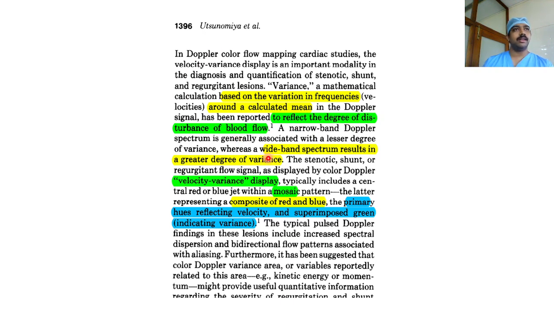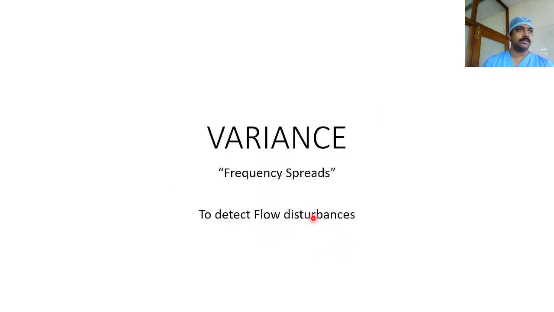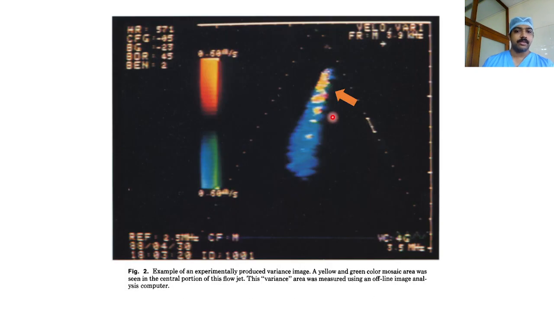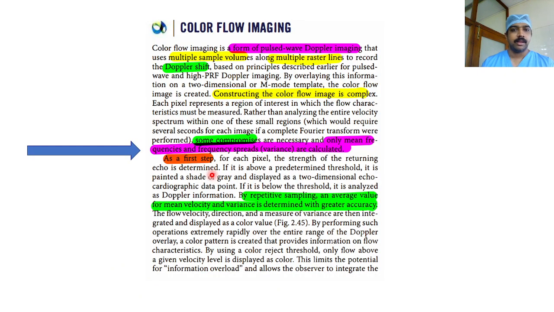So generally we can understand that variance will show the flow disturbance. If there is variance, other than the red and blue, some faint green-like signal will come. This is an experimentally produced variance image. When we turn that on, this will appear on our slides.